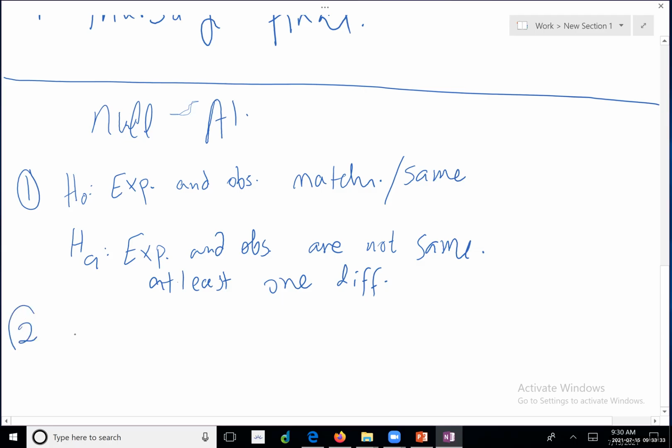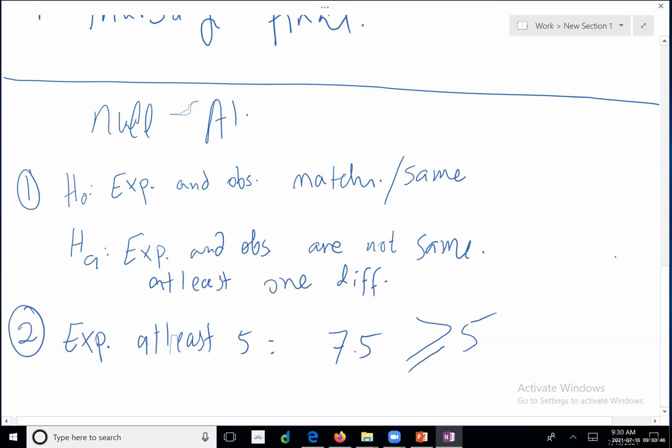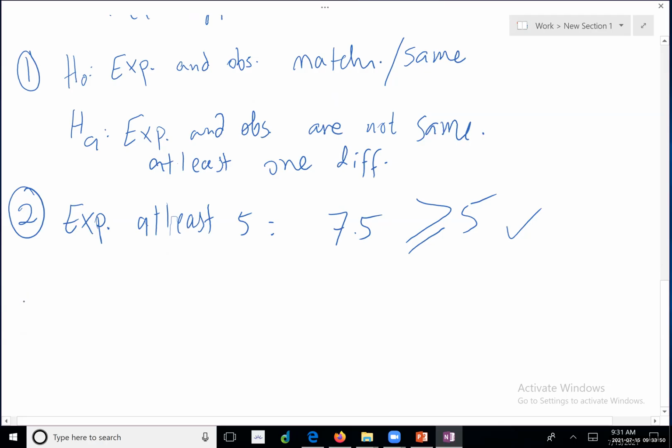Step 2, the requirement says expectation at least 5 counts. In this case, expectation was 7.5, so it is greater than or equal to 5, so checked. Now we want to find the p-value.